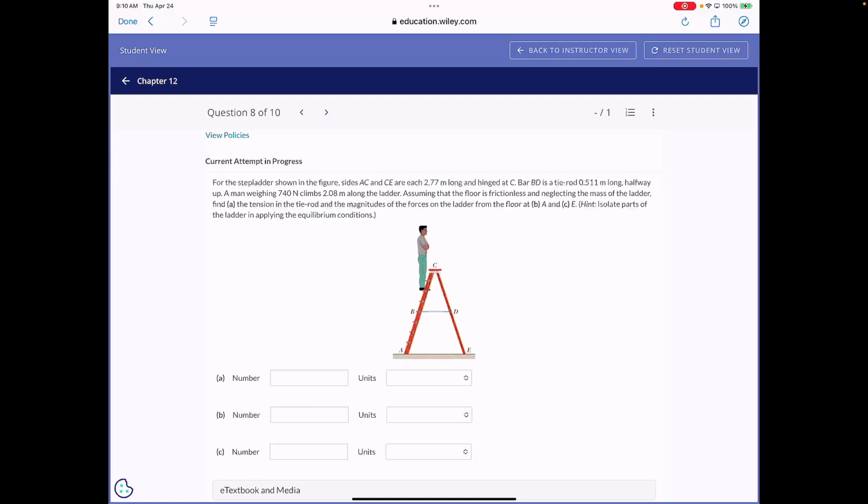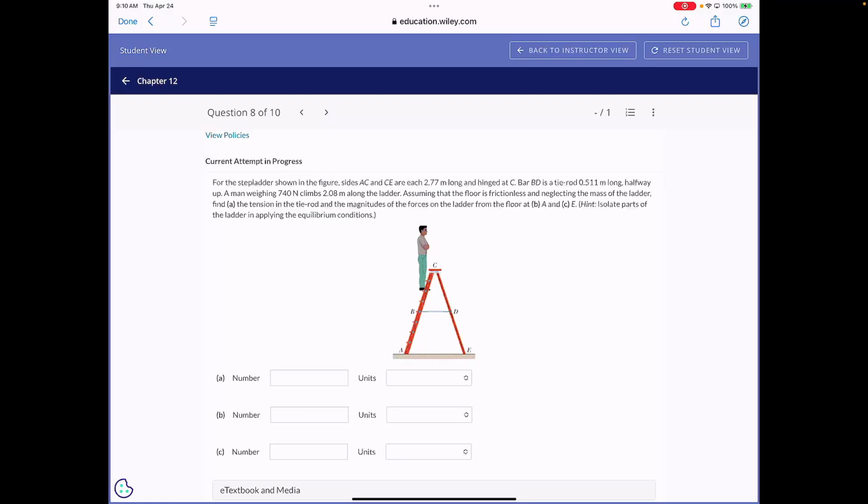So the hint in the problem tells you to do what? Can you read it? It's kind of small. Isolate the two halves of the ladder. There's a side here that I'm standing on, and a side over here that's acting as a support. Draw free body diagrams of each side of the ladder, like I did before.